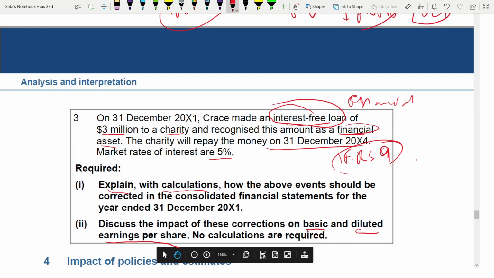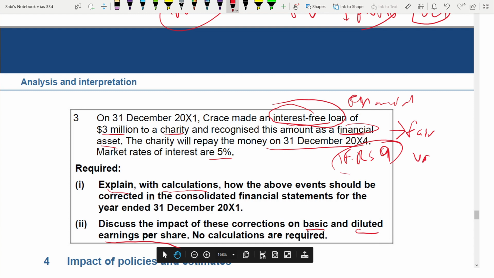Now, once you know it's a financial asset, still we have not arrived at IFRS 9. But when we go to IFRS 9 in depth, I will go through all the financial assets, financial liabilities, everything. But for now, in short, just know that financial assets are initially measured at fair value.